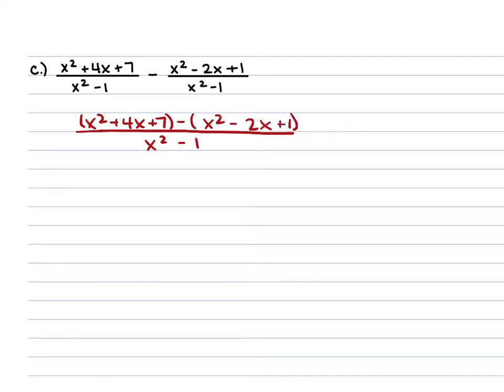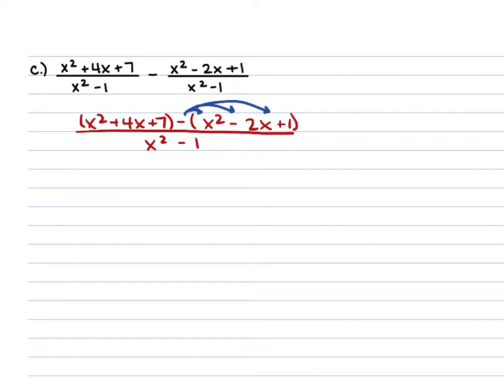You see, I put parentheses around both of these expressions because you are subtracting them. That means you need to distribute that negative into the second set of parentheses. So you're going to change the sign on each of those terms in the x squared minus 2x plus 1.